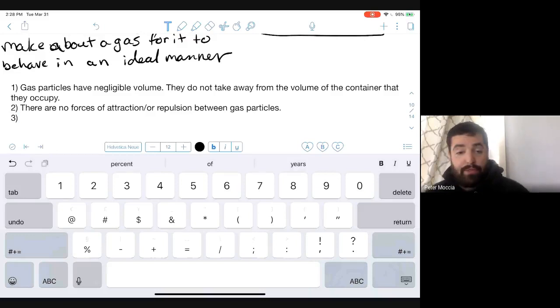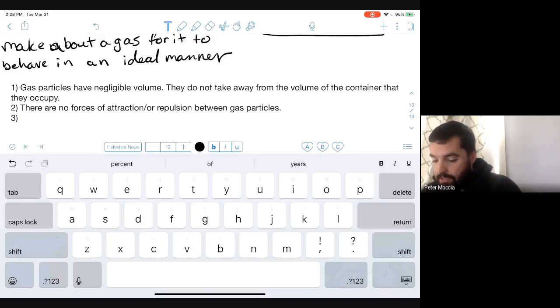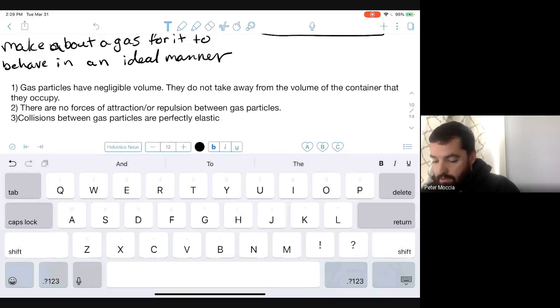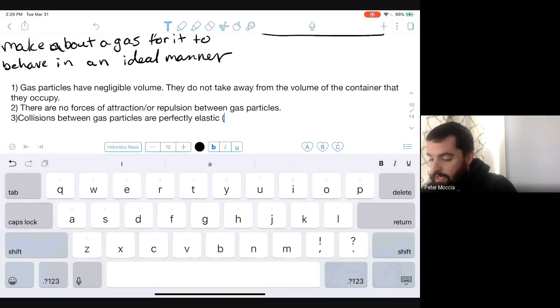Okay. Number 3 states that collisions between gas particles are perfectly elastic, meaning there is no loss of energy in the collision.